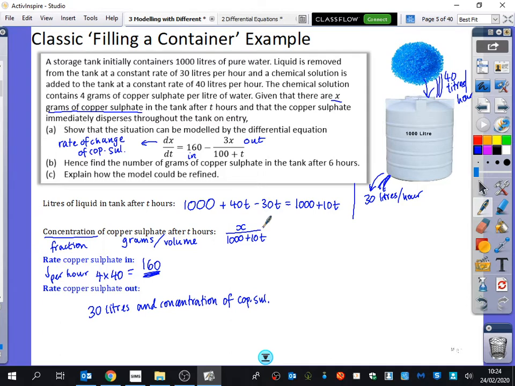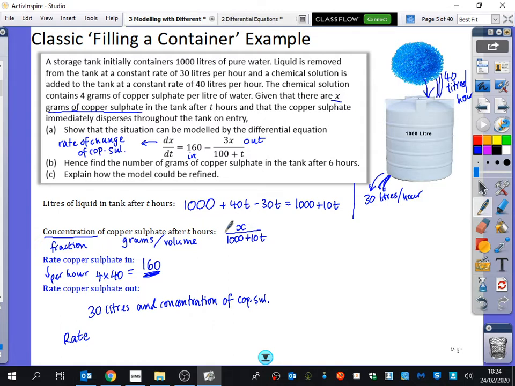So if we've got 30 litres, we find this fraction of 30 litres, which is a multiplication. So the 30 litres and the concentration of copper sulfate, we're going to multiply these together. So the X is 1 litre of copper sulfate? No, the X is the grams of copper sulfate.